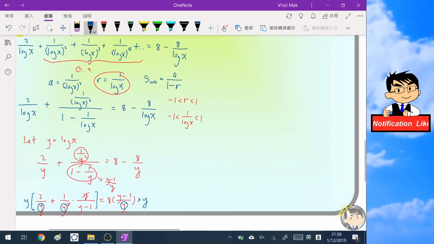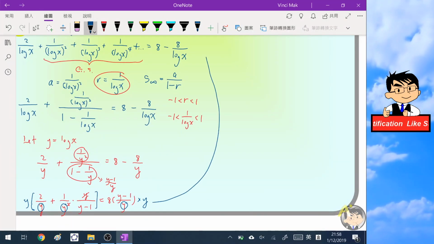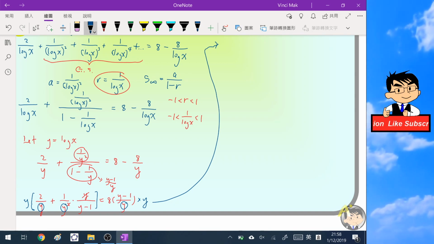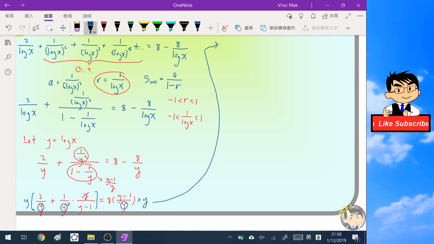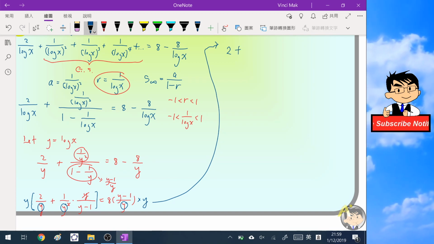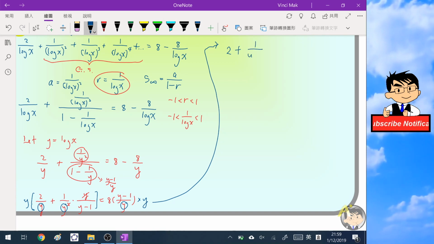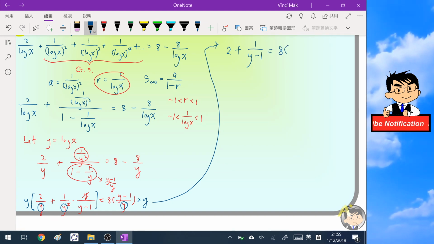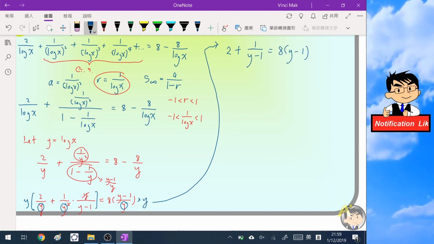So I will go to the right hand side to do the remaining work. So now the first term is 2 plus 1 over y minus 1 equal x times bracket y minus 1.